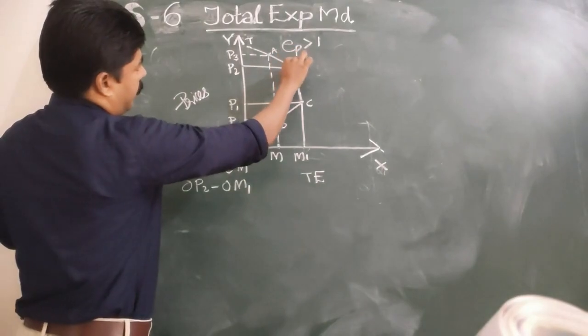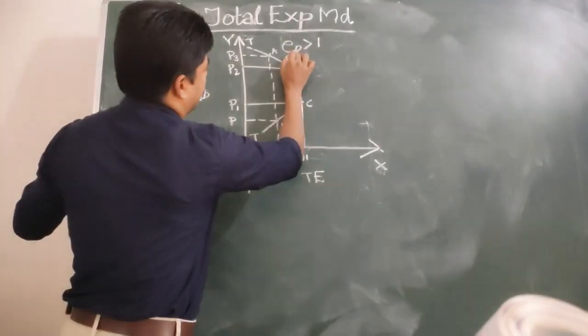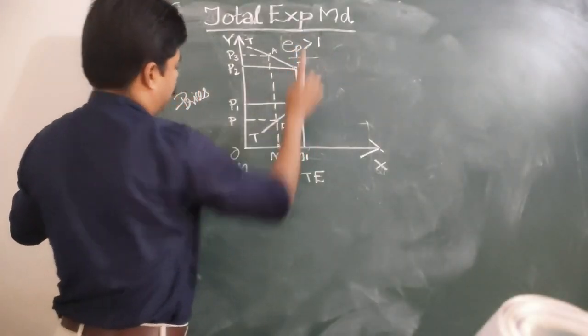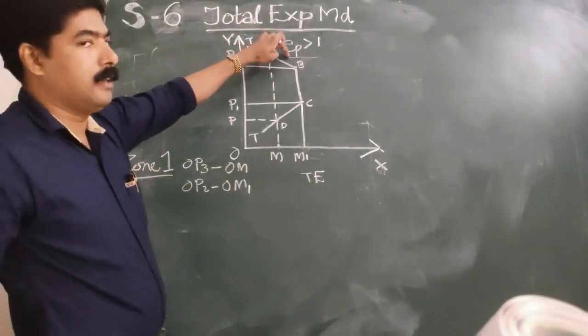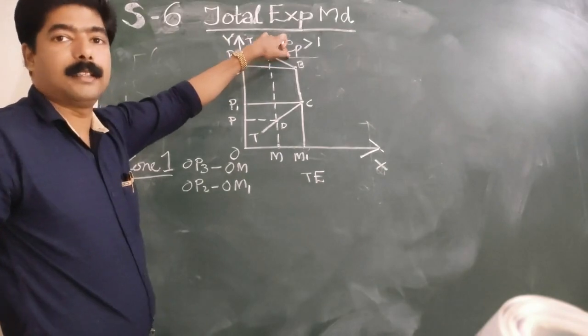Therefore in this zone elasticity is greater than 1. The first zone, we will see, is elastic in nature, greater than 1.